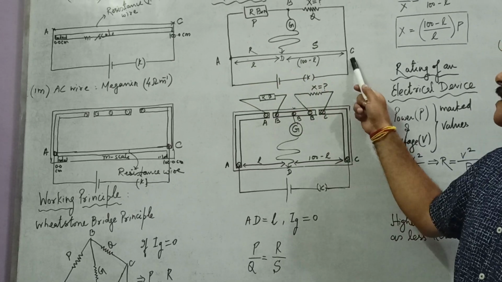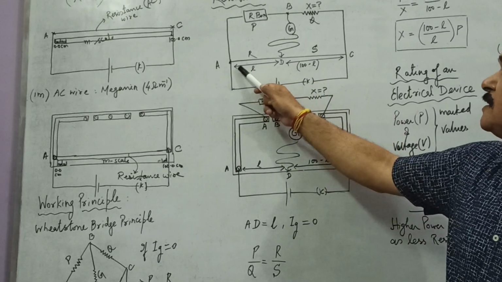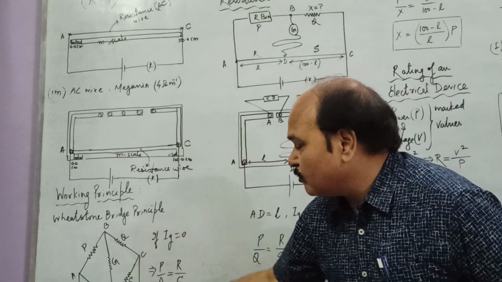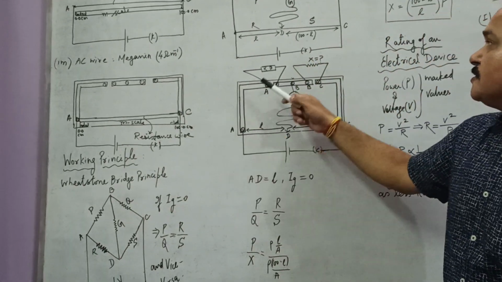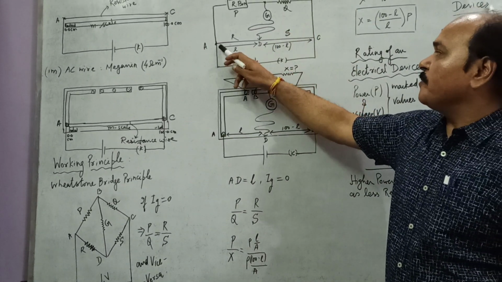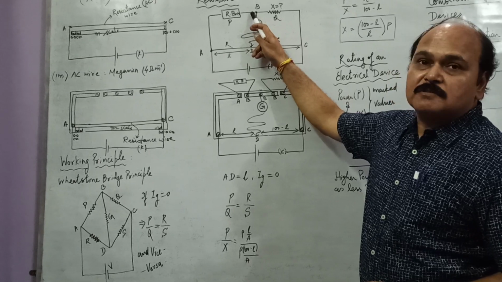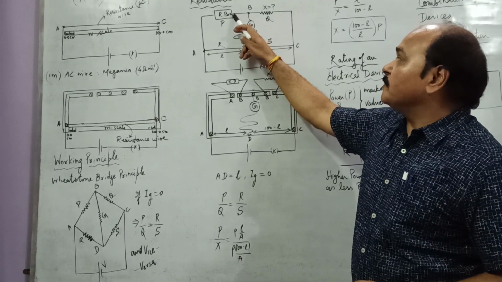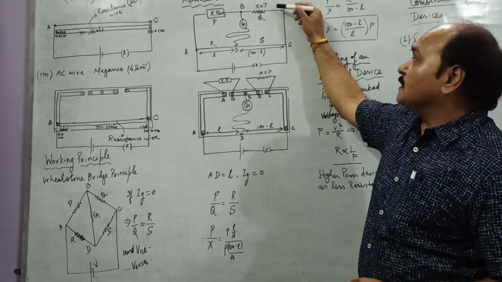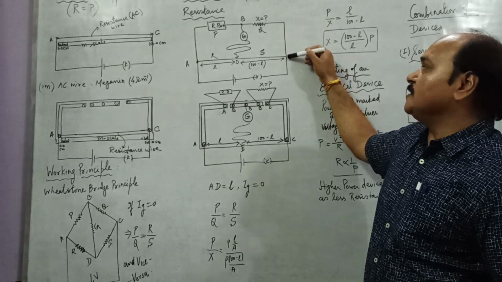From A we have connected a resistance box, and from the other end of the resistance box we have connected the unknown resistance. The other end of the unknown resistance is connected with C.